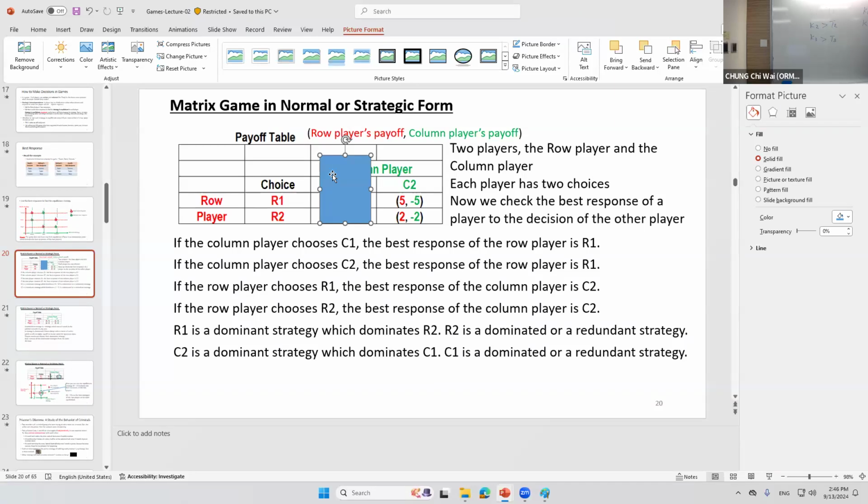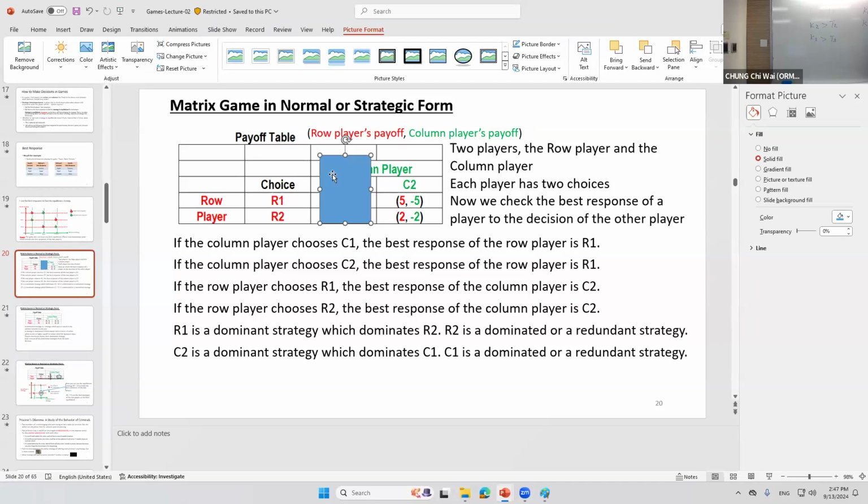So we consider R2 a dominated strategy, or redundant strategy: there's another strategy which can give a higher payoff whatever the other player does. And R1 is a dominant strategy. Don't mix up: R1 is a dominant strategy and R2 is a dominated or redundant strategy.